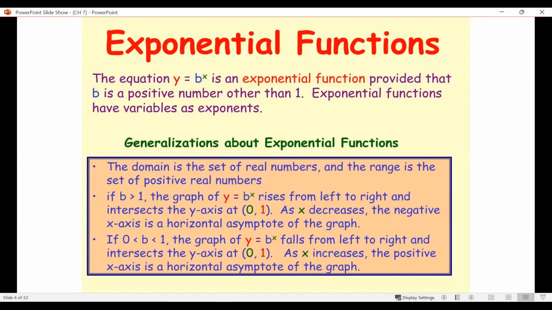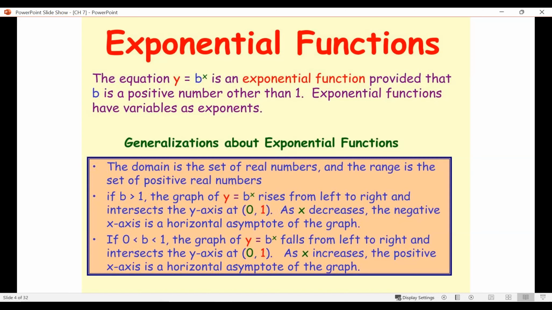So let me define some parameters for exponential functions. Some equation y equals b to the x is an exponential function if b is a positive number other than 1. If b is 1, it's not very interesting. Exponential functions have variables as their exponents. And here are some general characteristics of exponential functions.